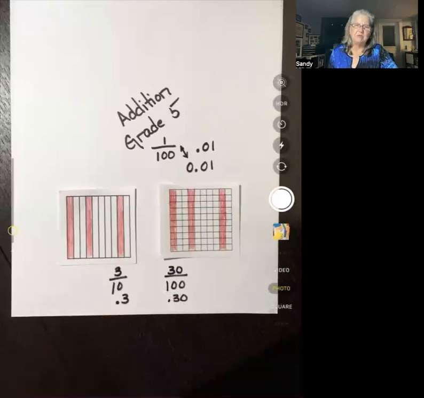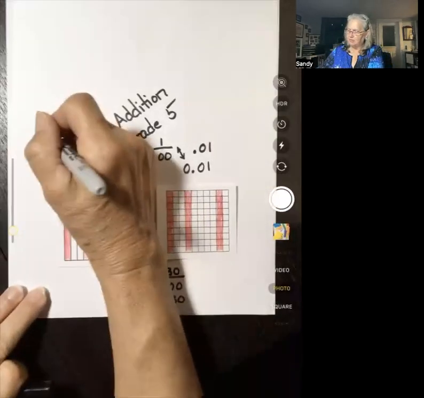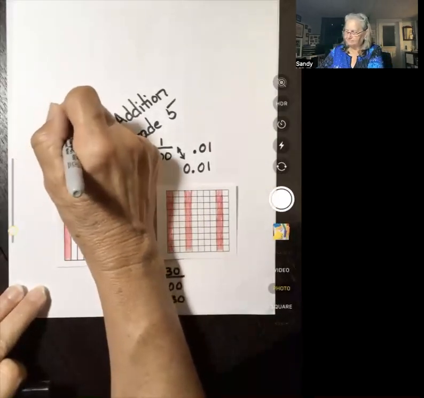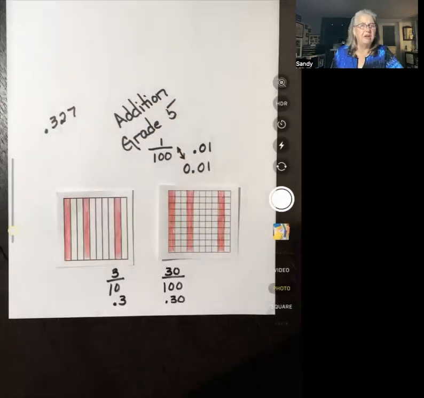Now, there will be times when we have a decimal point where we'll say 0.3 or 0.327 when we're wanting them to write it or perhaps enter it into a calculator. But for the most part, if this is the decimal number I'm working on, I would read it 327 thousandths.